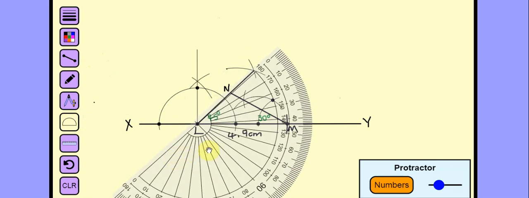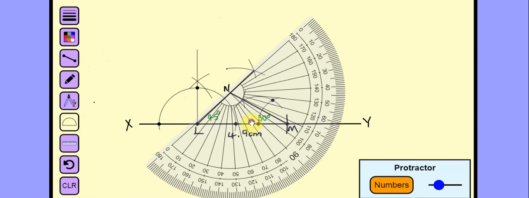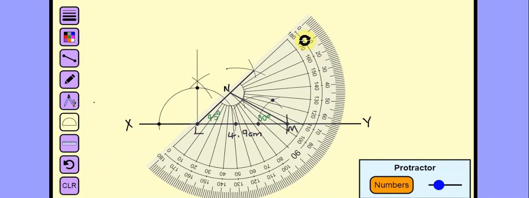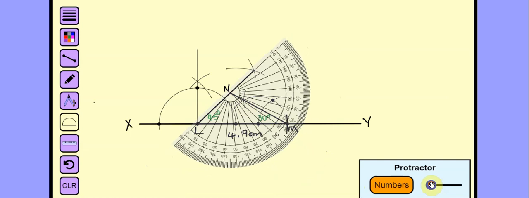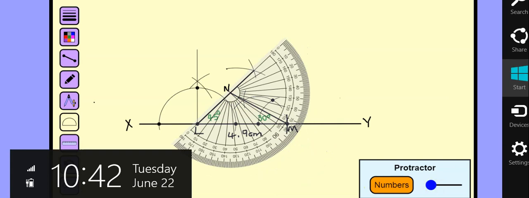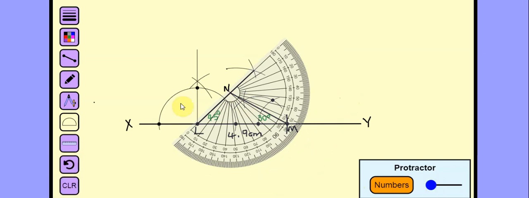So we're going to place our protractor at N as our center. Ensure that we line up our protractor. And if you can see clearly now, starting along this line, counting up from 0 upwards, the line of MN is falling directly in line with 105 degrees for this construction, which means I have done well to construct this, getting 105 degrees.